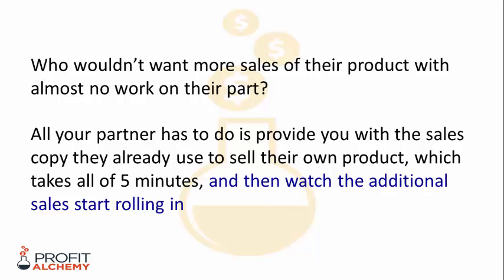And all your partner has to do is to provide you with the sales copy they already use to sell their own product, which takes all of 5 minutes. And you're then going to email that to your list, and then they watch the additional sales start rolling into their website.